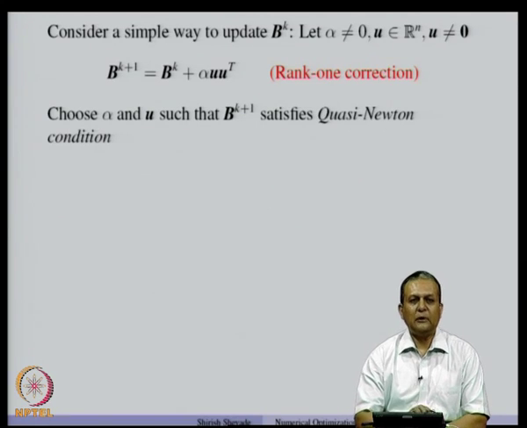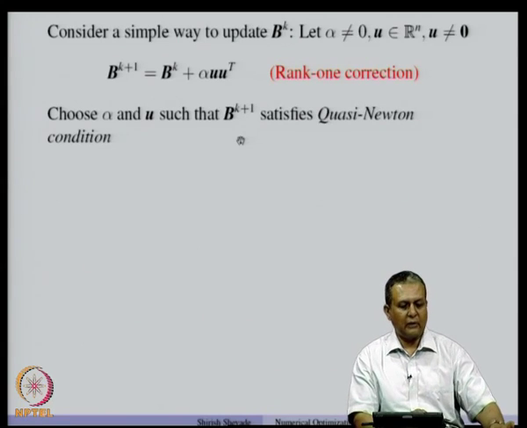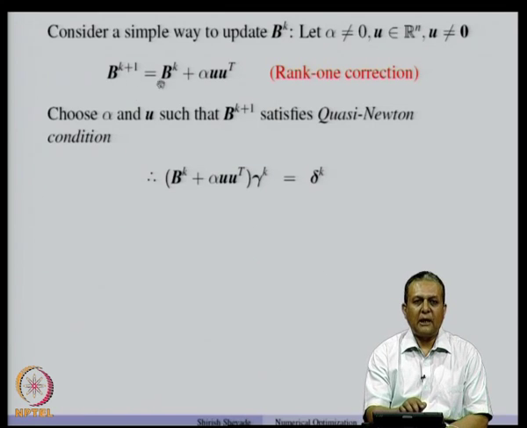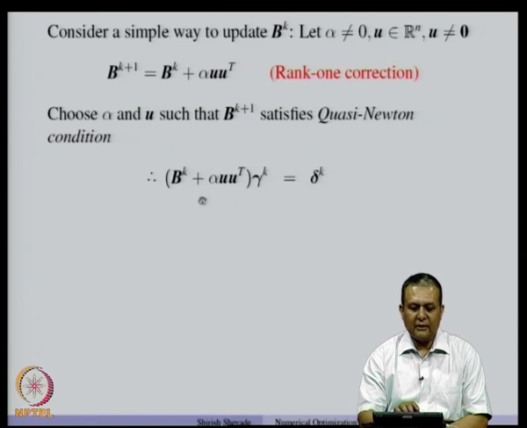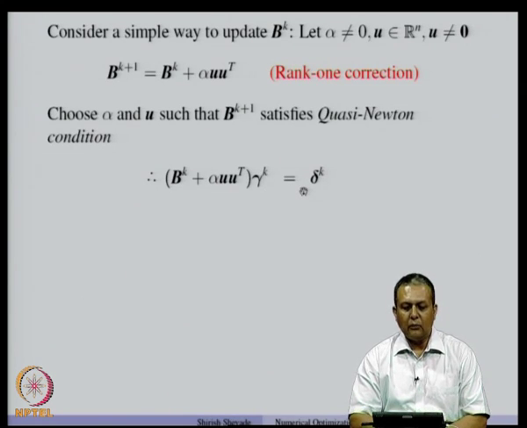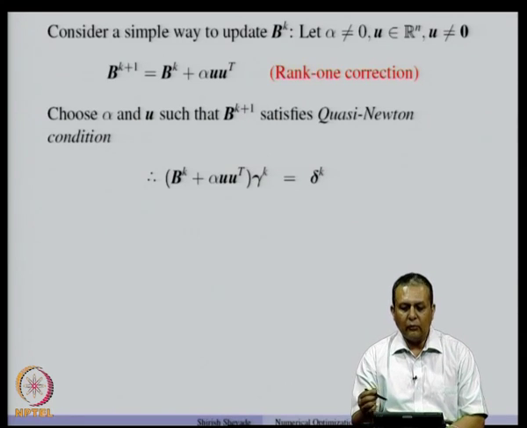So, we will choose alpha and u such that Bk plus 1 satisfies the quasi-Newton condition, or in other words, Bk plus 1 gamma k equal to delta k implies (Bk plus alpha uu transpose) into gamma k equal to delta k. Now, how do we get this alpha and u from this equation?